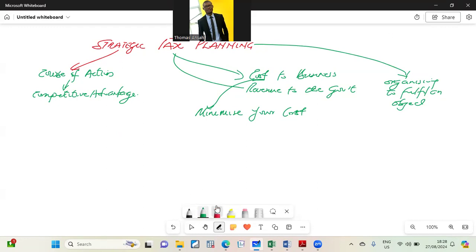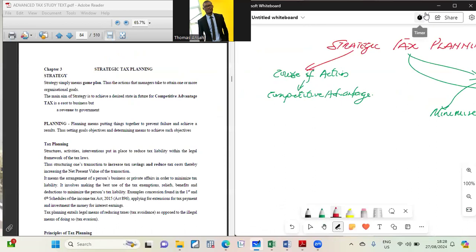But the government is not going to sit aloof because it is a revenue to him. So these are the issues there when it comes to you dealing with strategic tax planning. So basically, all the things you put in place, restructuring your activities, your transactions, in such a way that you reduce your tax liability or increase your tax savings. All right. So that is that.